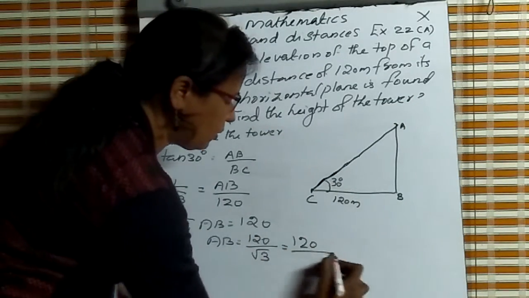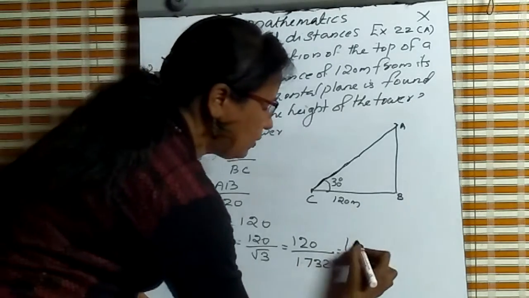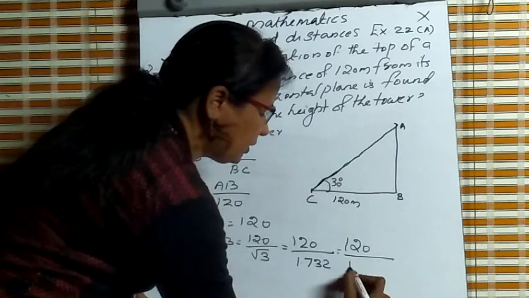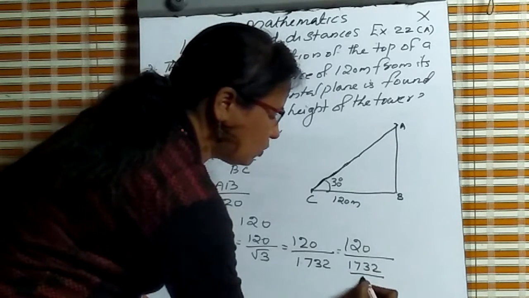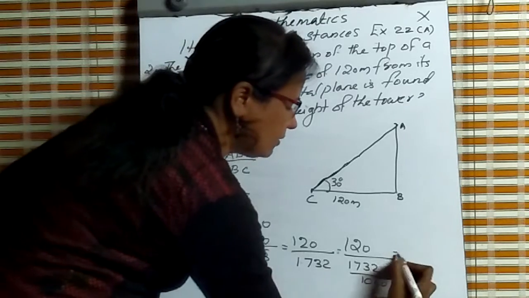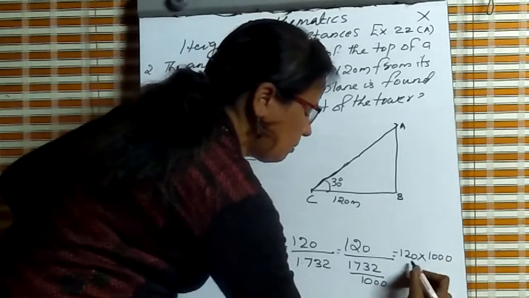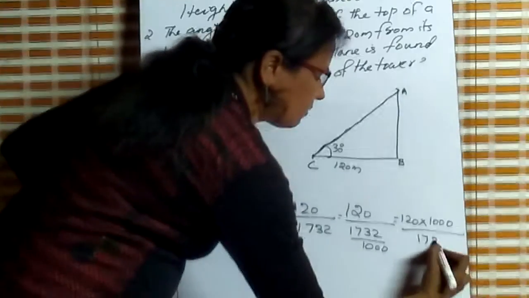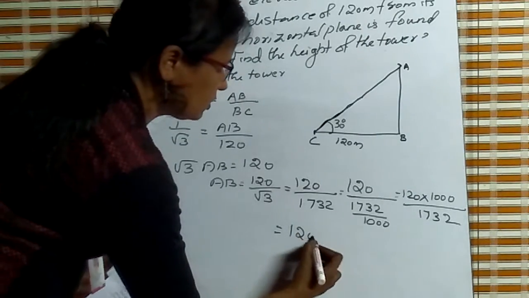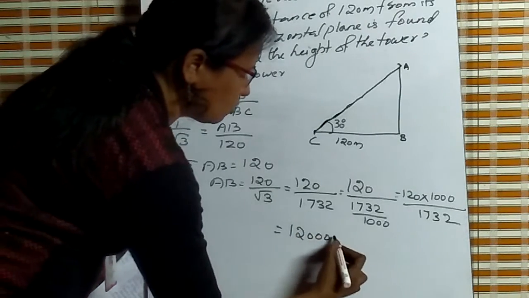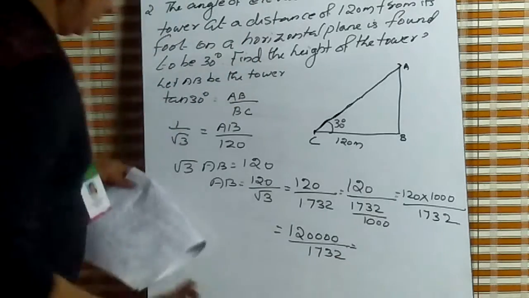So we write 120 by 1.732. 120 divided by 1.732 is 120 into 1000 by 1732, that is 120,000 divided by 1732.